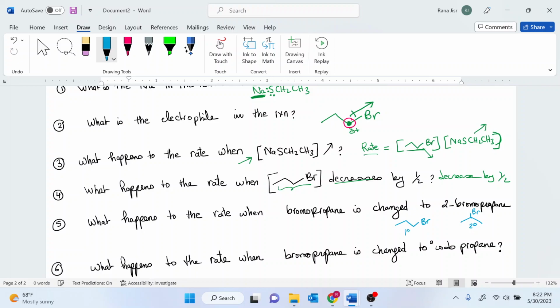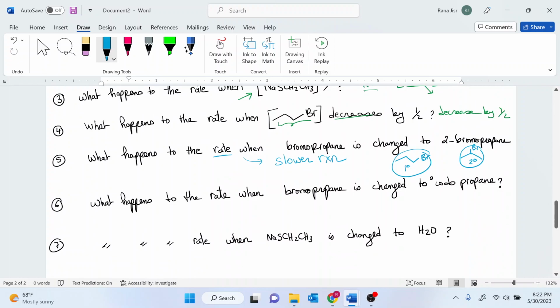So primary alkyl halides are faster than secondary alkyl halides. So the rate in this case is going to slow down. It's going to be a slower reaction. What happens when bromopropane is changed to iodopropane?